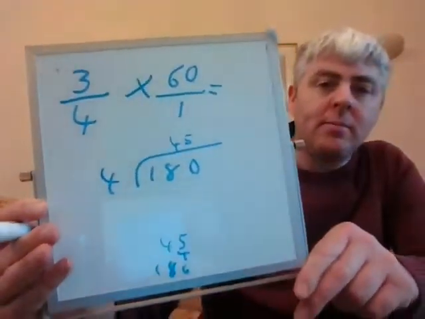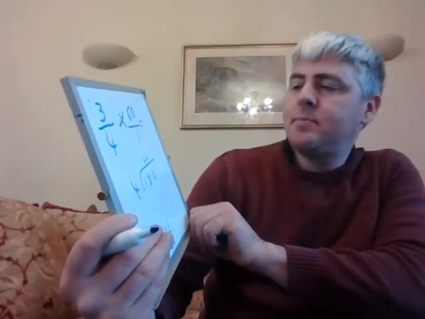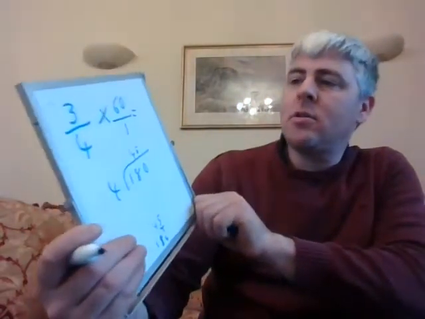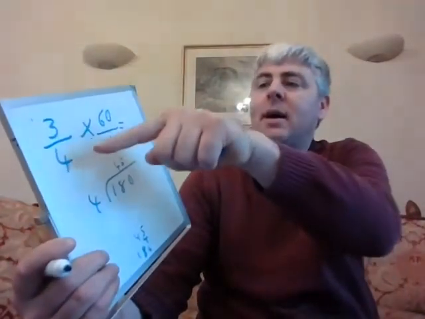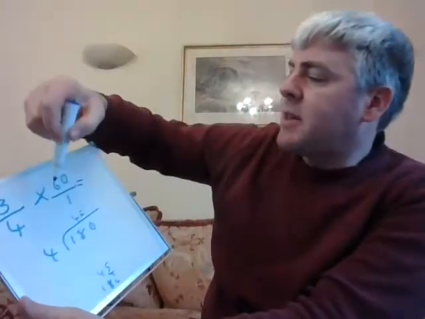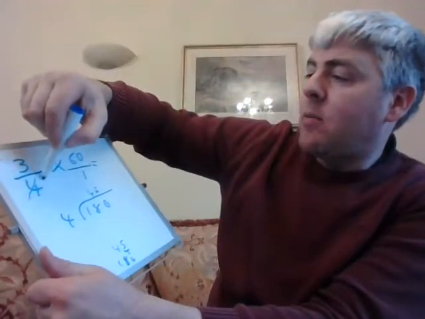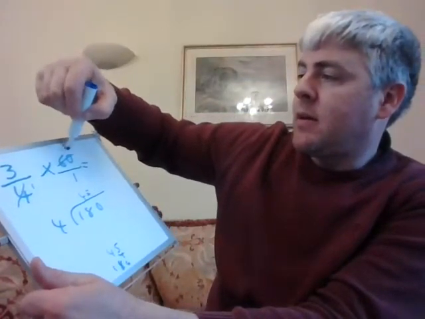Just wanted to show that to you. But you could do it another way. So you could actually multiply the top out and then say 4 into 180. And there's another way of doing it as well. You've got another option here. You could just say 4 diagonally. 4 and 60, you could go like that once, 15.